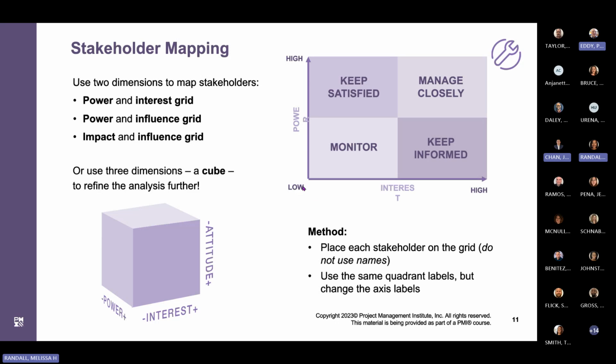So if I had a stakeholder whose power was low and their interest was low, then according to my grid here, I would want to monitor them. And so this way, again, is how we can clarify who our stakeholders are, and then think about what we need to take into consideration, right?